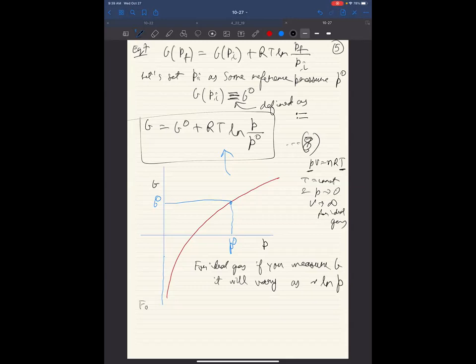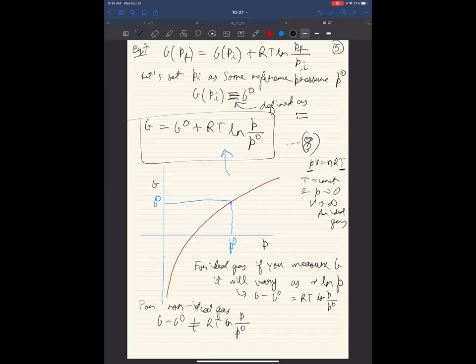For non-ideal gas, just to be specific, I mean that G minus G naught will be equal to RT ln P by P naught. And G naught and P naught, you are completely free, whatever you can change. For a non-ideal gas, G minus G naught will not be equal to RT ln P by P naught. We derived it is equal to RT ln P by P naught for an ideal gas, but in general, it won't be.